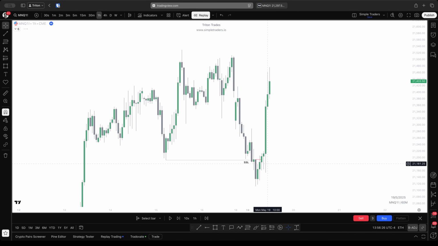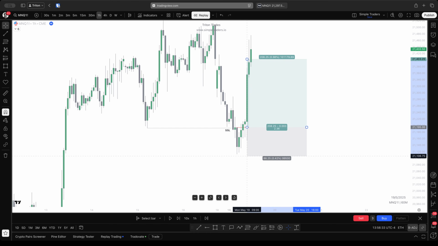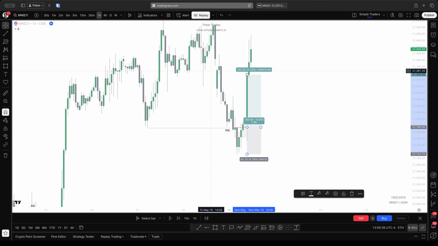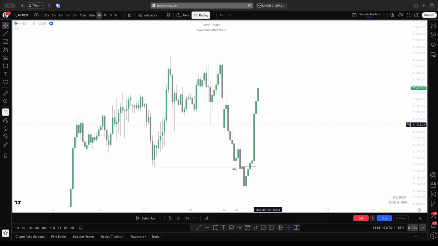The only entry you could have gotten was on the 1 hour. If you decided to take this trade, this would have been your entry, and you could have taken profit at this fair value gap, at this swing high, and that's probably where I'd have taken profit. So in this particular example, there was no entry on the lower time frames, but you could have taken a trade on the higher time frames.